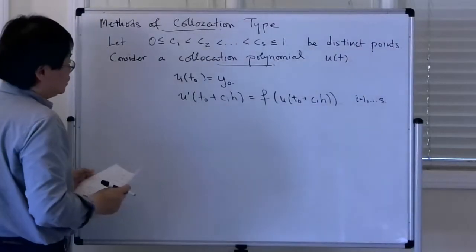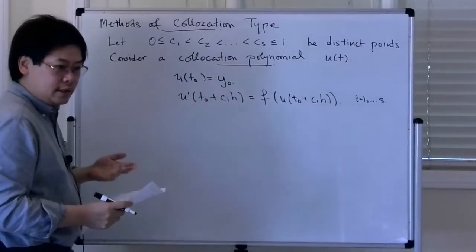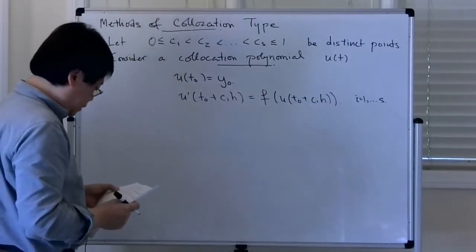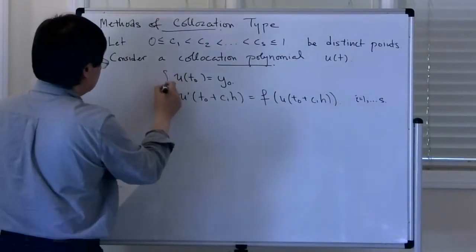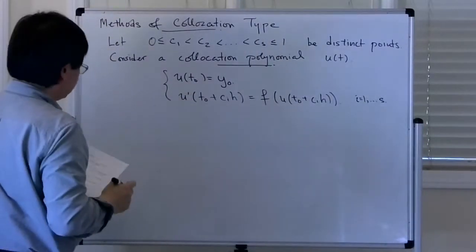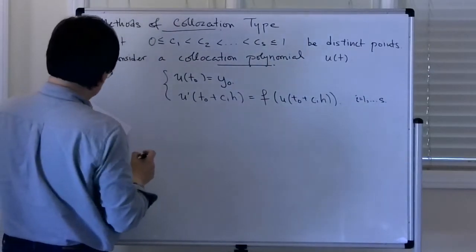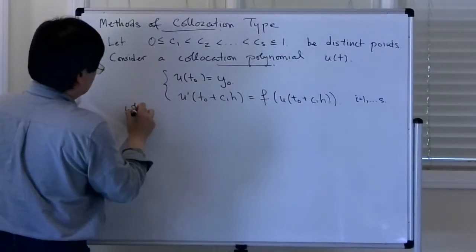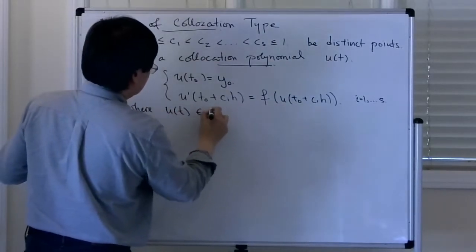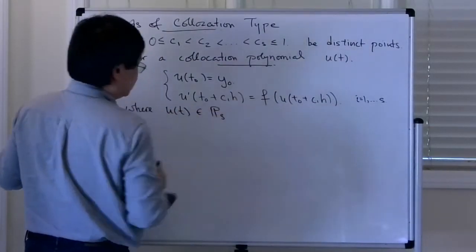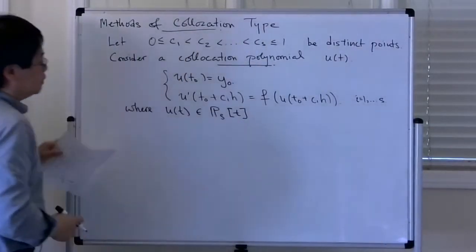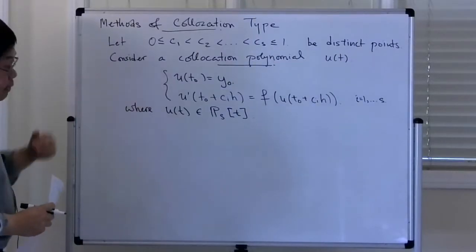You could imagine that this uniquely specifies a polynomial of degree up to s. So you want that u(t) is a polynomial of degree s in t on the interval.